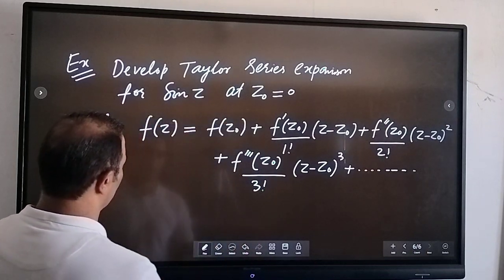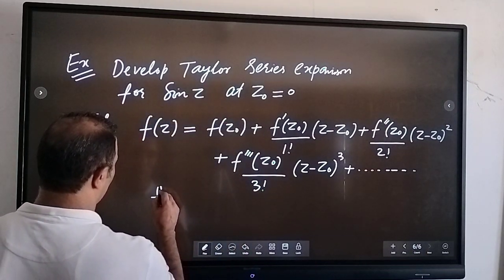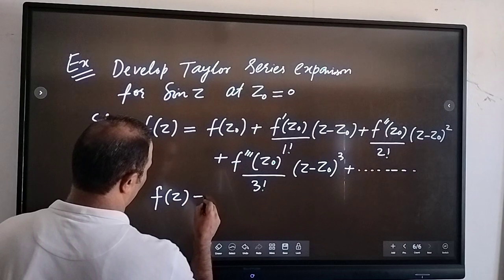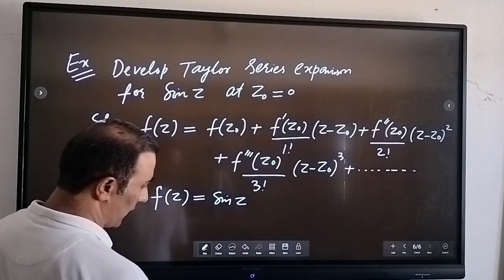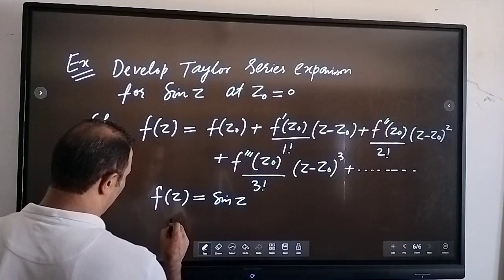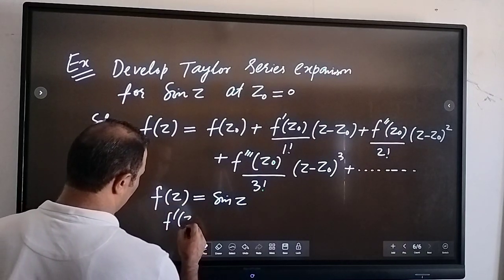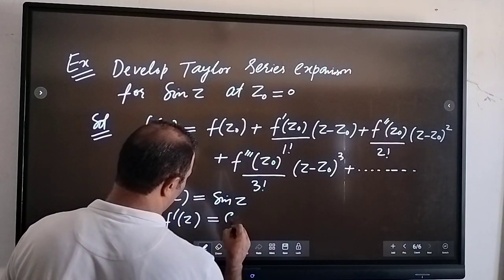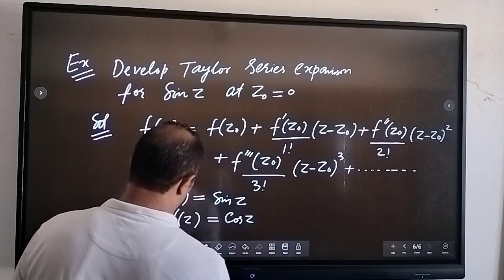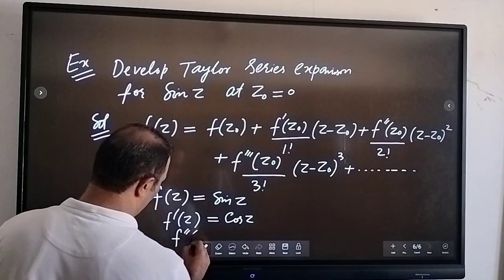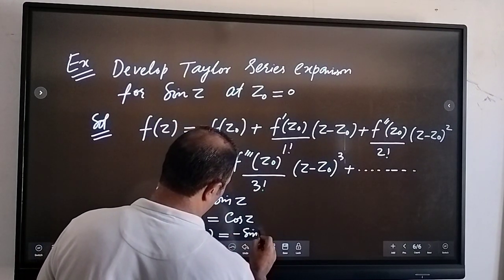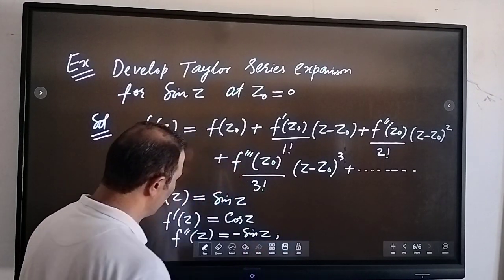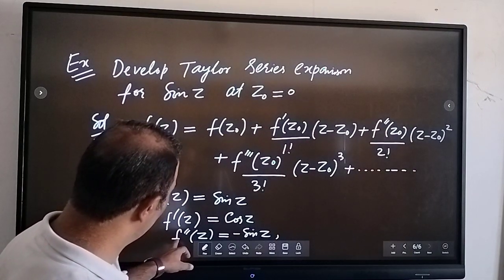So our function is here. So f of z is sine of z, right? And what's our f dash of z? So that's cos z, and f double dash of z, that is minus sine z. And similarly, we have calculated the second derivative.